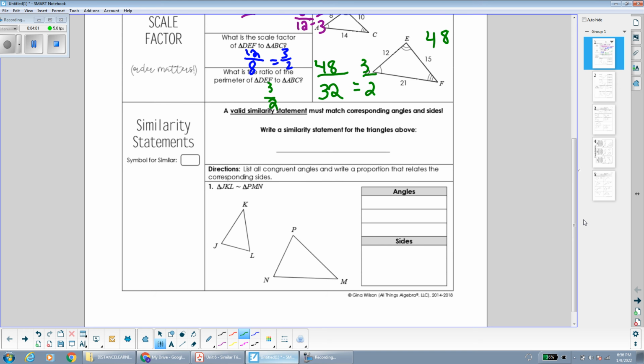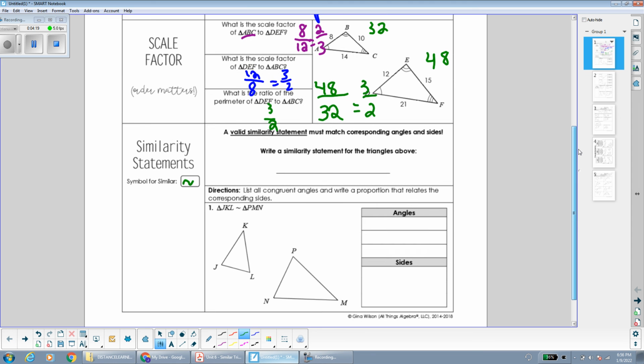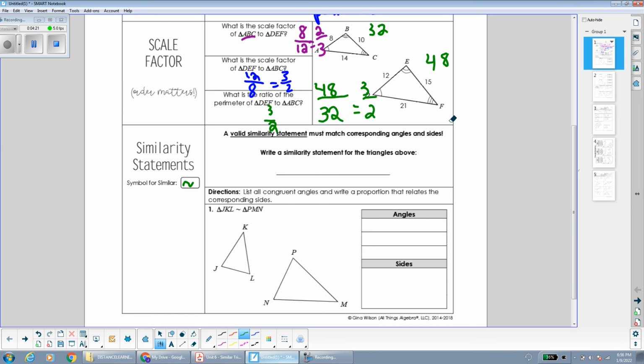So let's talk about similarity statements now. The symbol for similar is this little squiggle over here. And a valid similarity statement must match corresponding angles and sides. So it's asking us to write a similarity statement for the triangles above that we just found the scale factor and the ratio of the perimeters for.